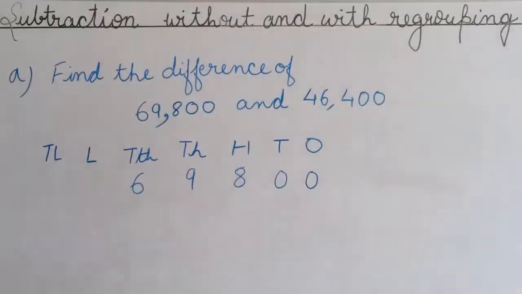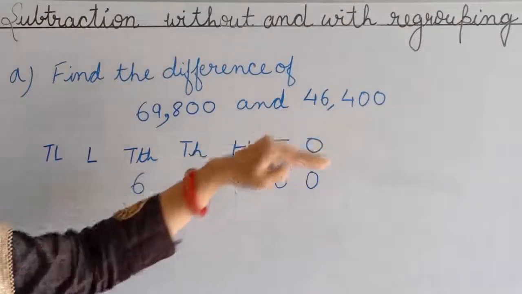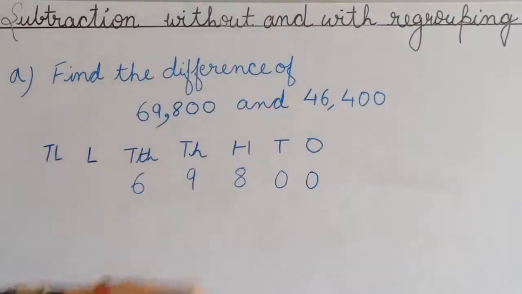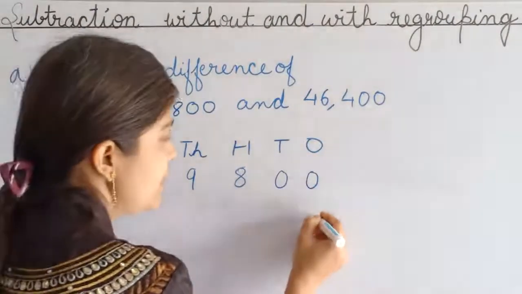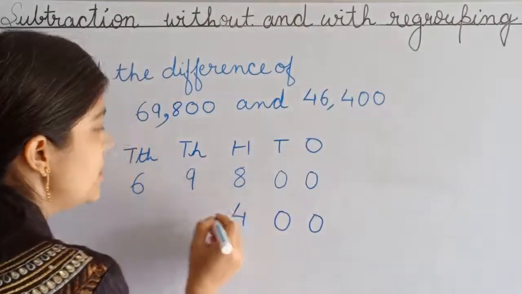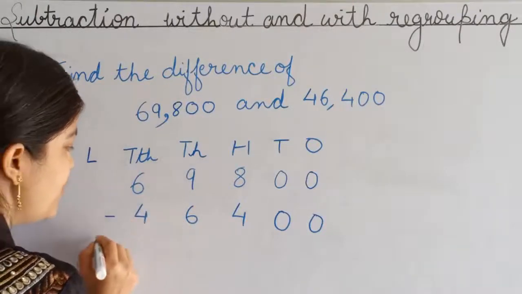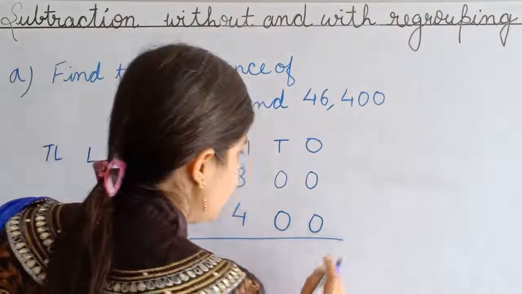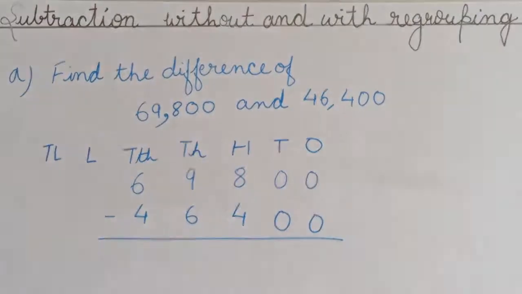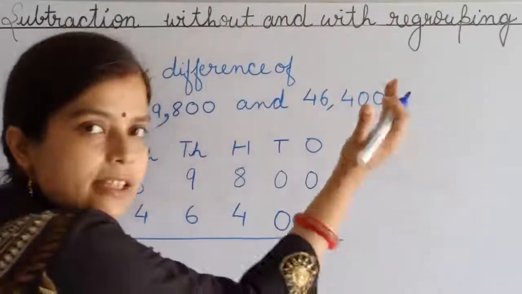Now next we will write the smaller number. First we have written the bigger number, next we will write the smaller number. Here it will be 0, 0, 4, 6, 4. Now we have to subtract it here. And when we are subtracting, we always start from the right hand side.